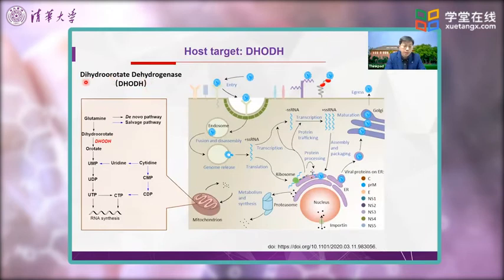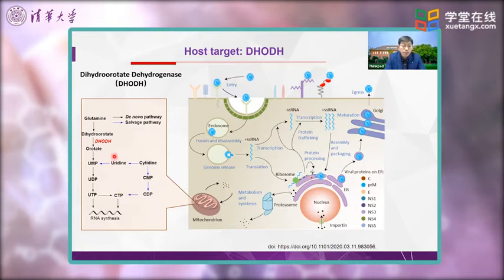DHODH represents dihydroorotate dehydrogenase. It works this way. DHODH can transform dihydroorotate into orotate. The orotate will be further transformed into UMP and then UDP, UTP, further involved in RNA synthesis.